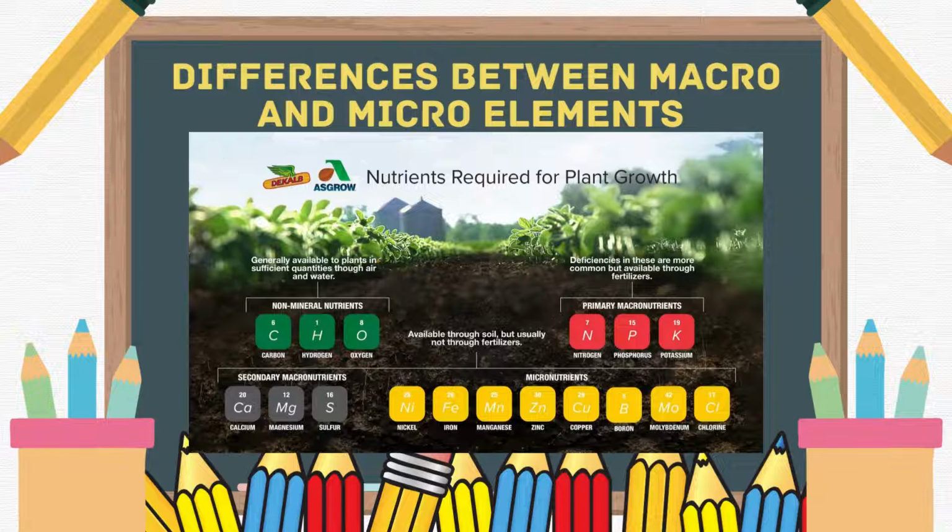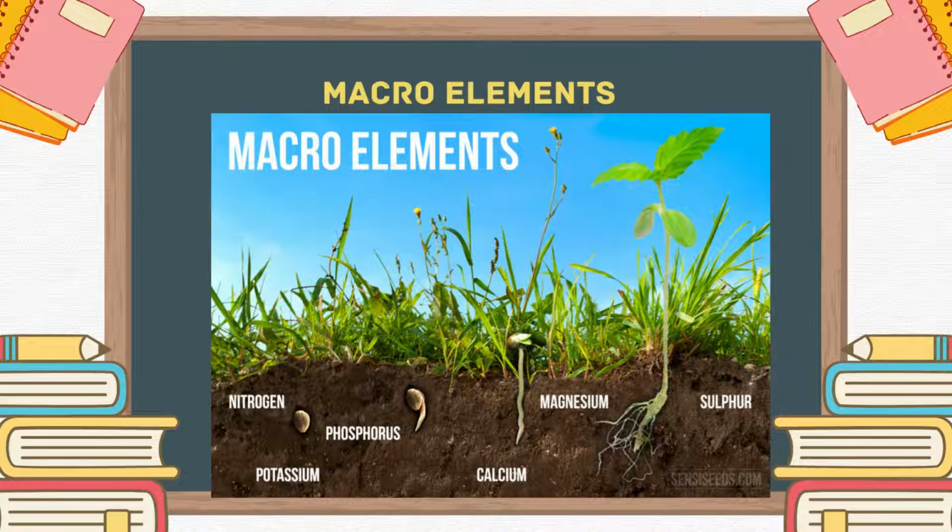So now let's touch on the macro elements, starting with the primary macro elements, the nitrogen, phosphorus, and potassium.